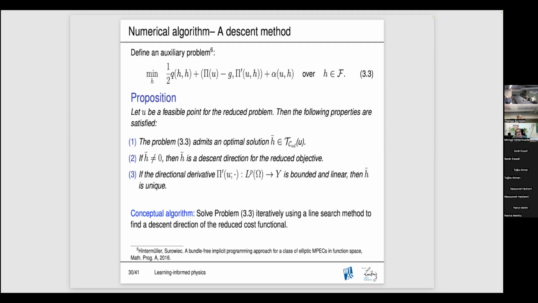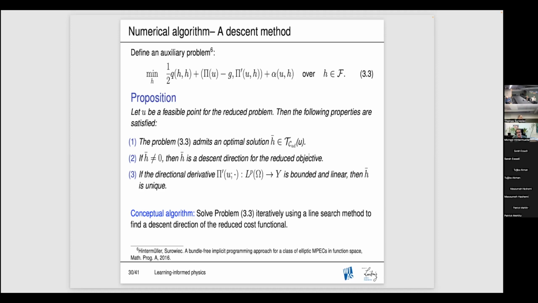This is what this curly F is about. F is the feasible set for this problem, but this is really the tangent cone, the tangent cone to C admissible at the current iterate u. If the solution of this problem is not zero, then it's a descent direction for the reduced objective curly J. And if you really have some directional derivative, boundedness and linearity of the directional derivative π prime at u, then you have a uniqueness of ū there.